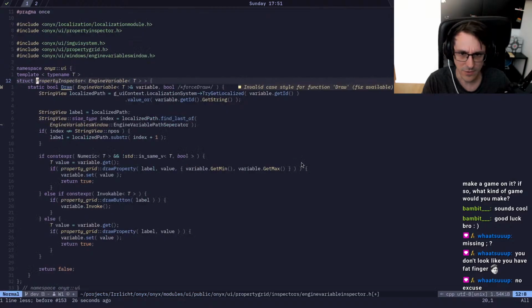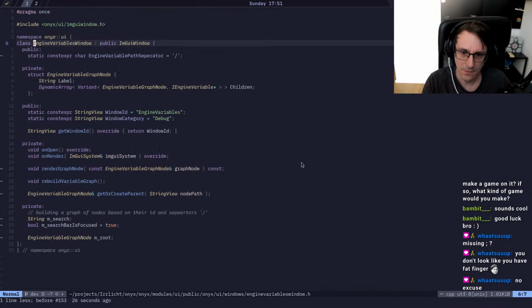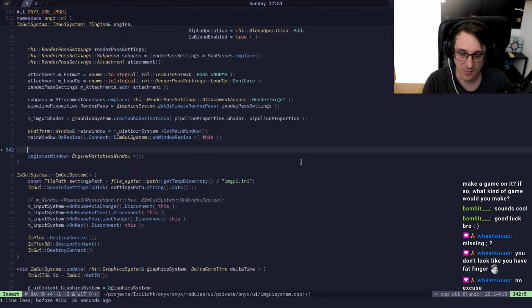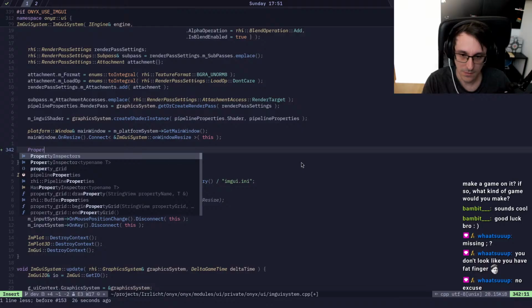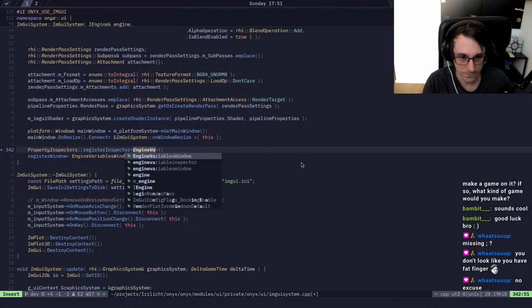Wait, there is an engine variable inspector. How do I need to just register that? Is it just that that is missing? Engine variable.